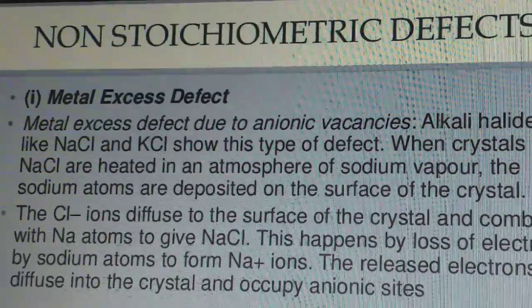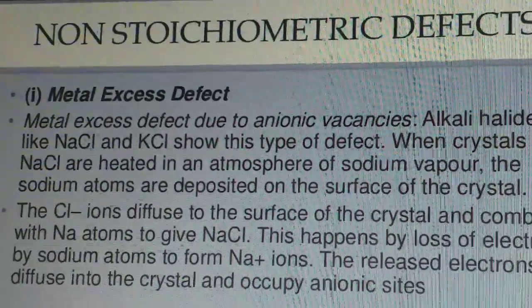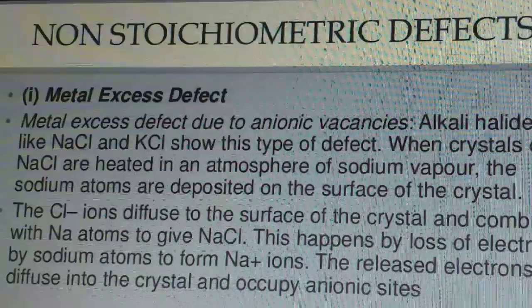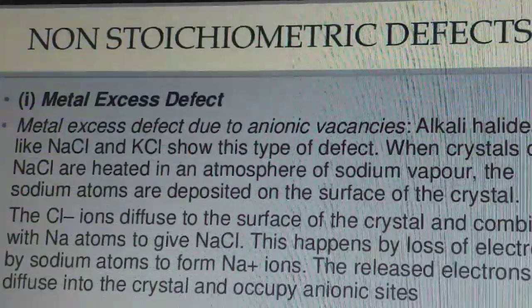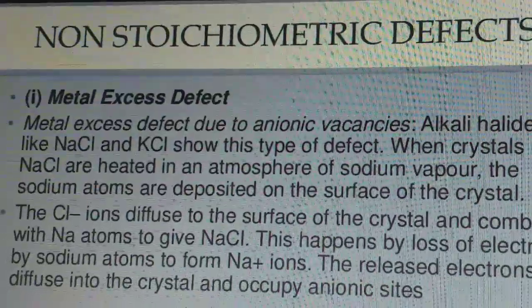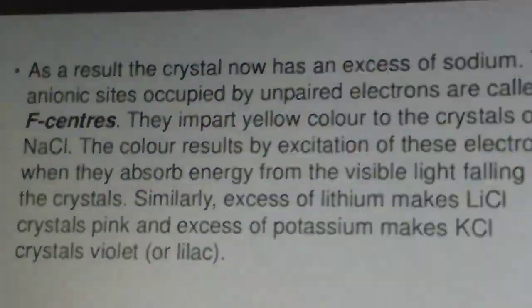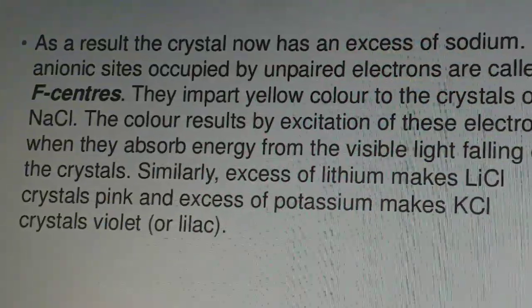This happens by the loss of electron by the sodium atoms to form Na+ ions. Now the released electrons diffuse into the crystal and occupy the anionic sites. As a result, the crystal now has an excess of sodium.